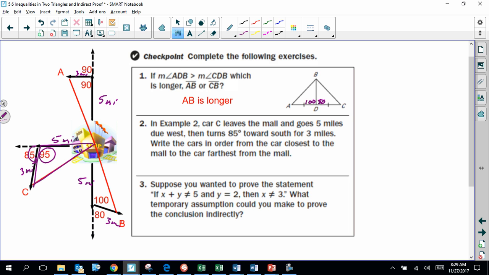So the smaller segment, in this case what we're looking for is this segment here in red, here and here. Who is the closest and who's the furthest? It's all based on whatever angle is here, here, and here. So the smaller angle means that they're closest to the mall, so whoever's in car A is the closest, whoever's in car C is the next closest, and car B is the furthest away.